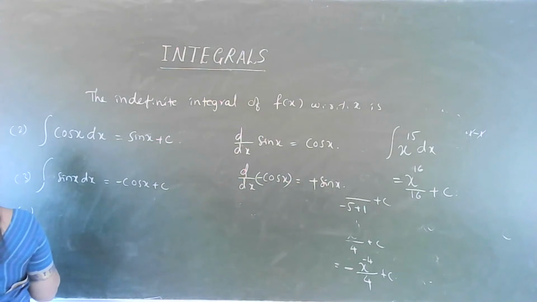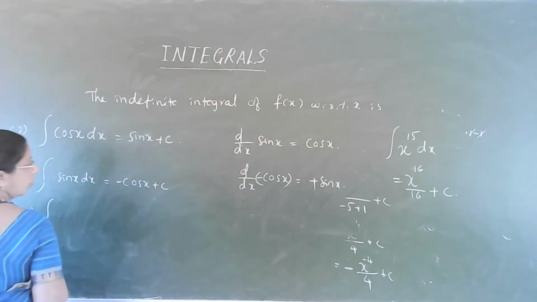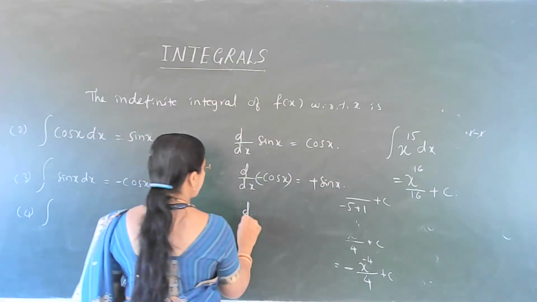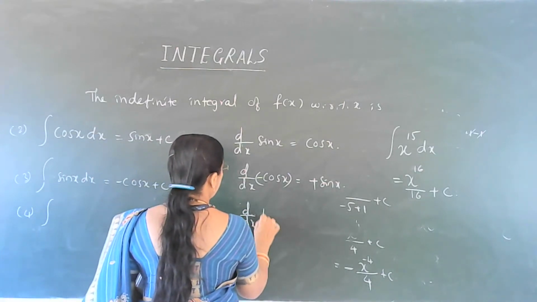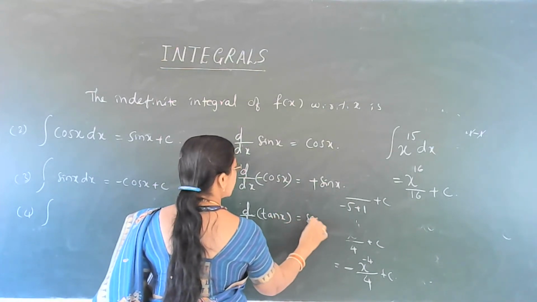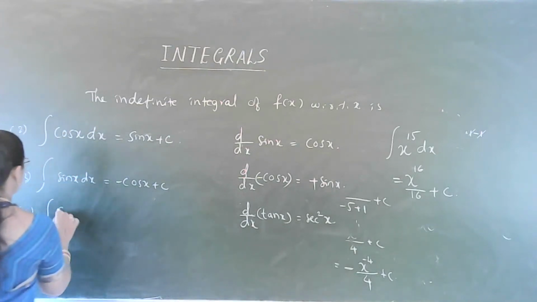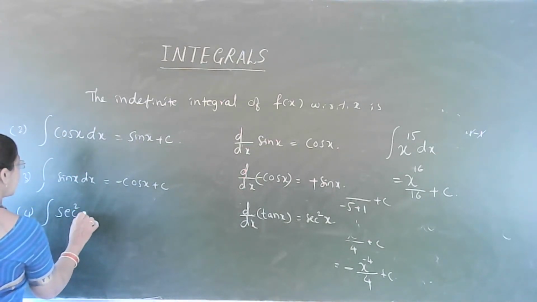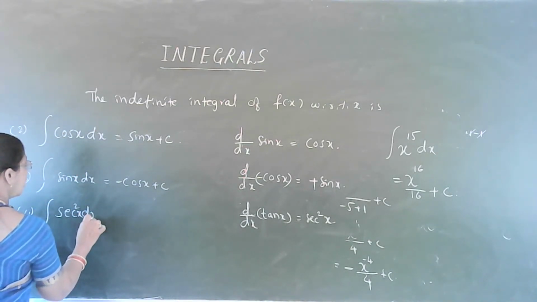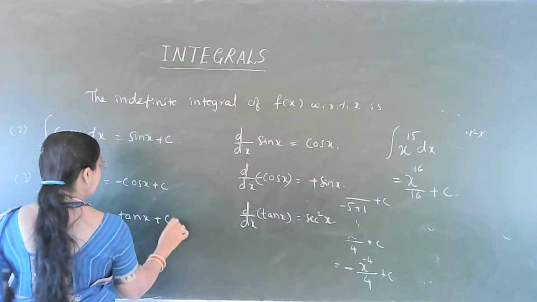Fourth one, integration of secant square x. d by dx of tan x is equal to secant square x. Therefore, integration of secant square x dx is equal to tan x plus c.